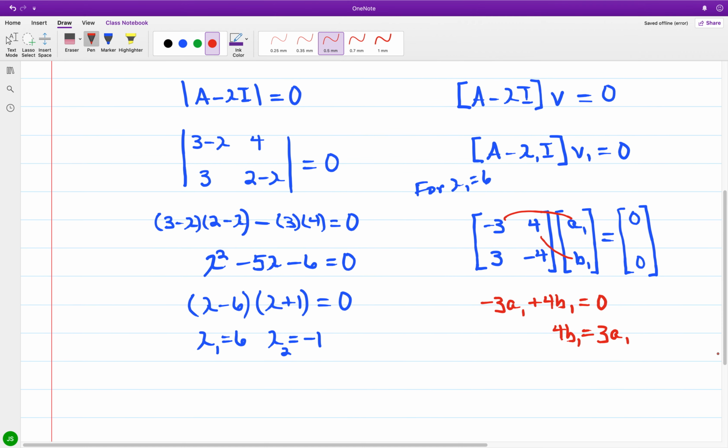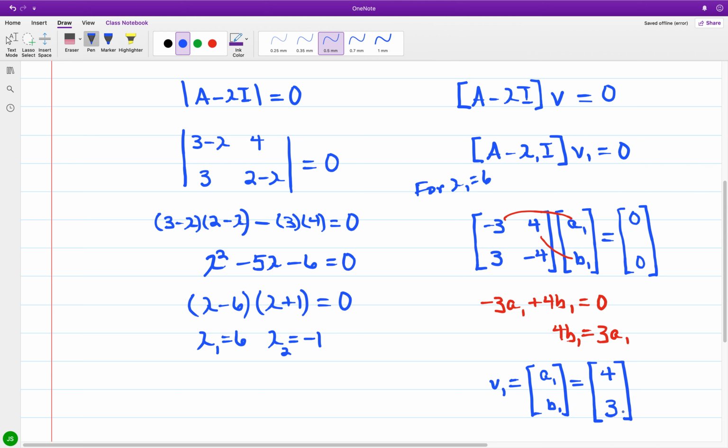So for the first eigenvector, consisting of a1 and b1, we have 3 times a1 equal to 4 times b1. So a1 is going to be higher than b1. Maintaining a 4 to 3 ratio, like 3 times 4 is equal to 4 times 3, we say that a1 is equal to 4 and b1 is equal to 3.